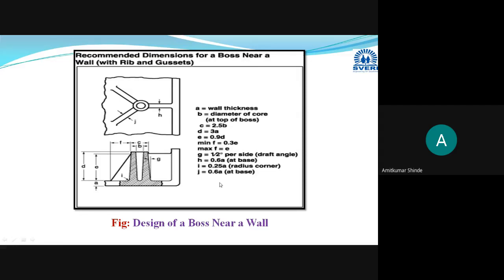The remaining design of the boss, its thickness, its inside or outside diameter, its height, and the dimensions of the gussets and ribs, is decided depending on the wall thickness only. We provide the dimensions for the boss design depending on the wall thickness only.